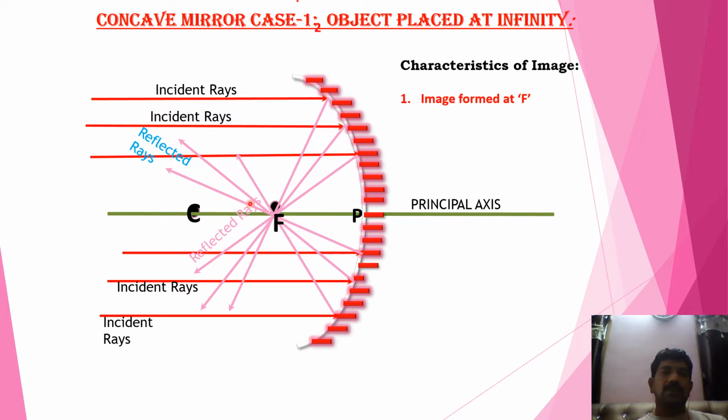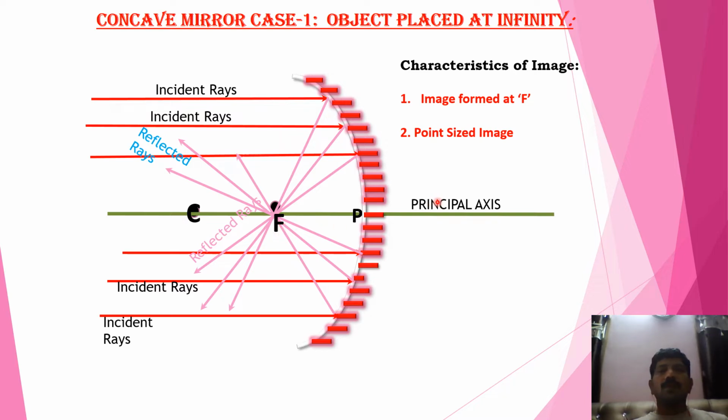See this one, these are my reflected rays and these are my incident rays. So when the object is kept at infinity, the rays coming from the object are parallel to each other, and after reflection they converge at a point known as focus. So the image of the object is formed at the focus.